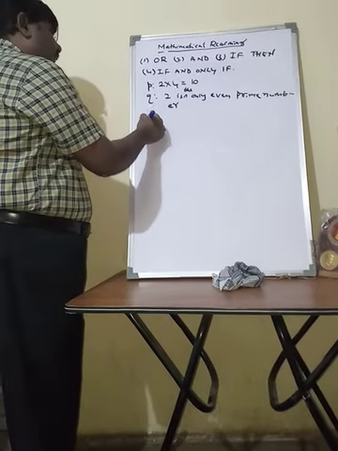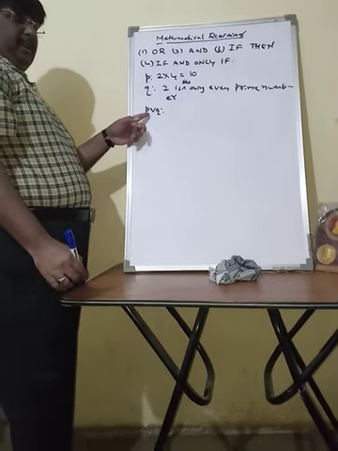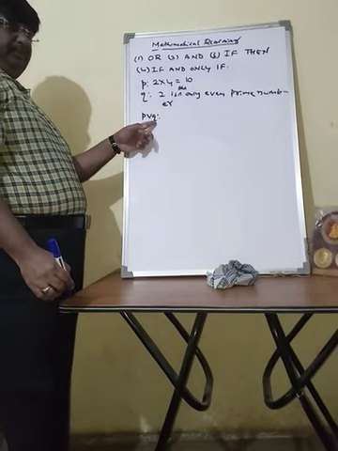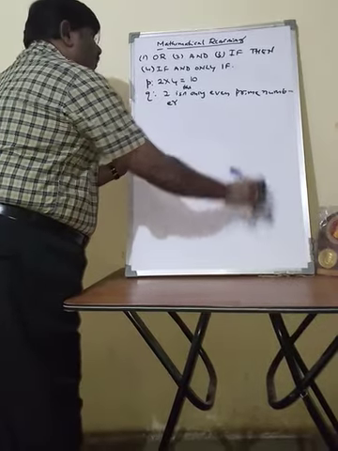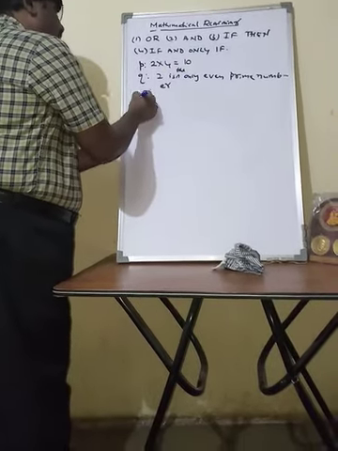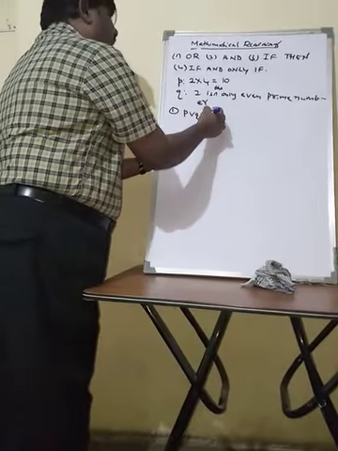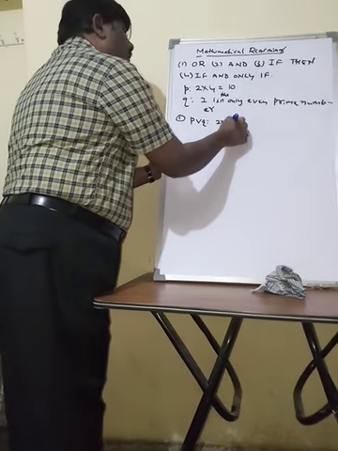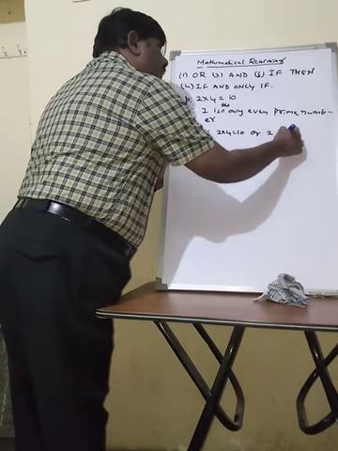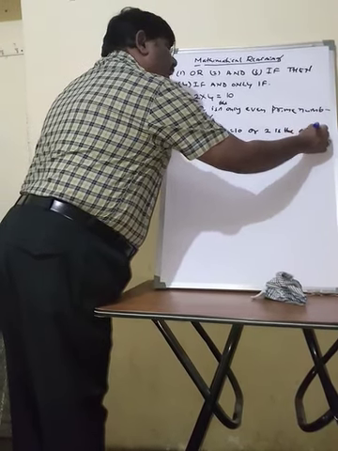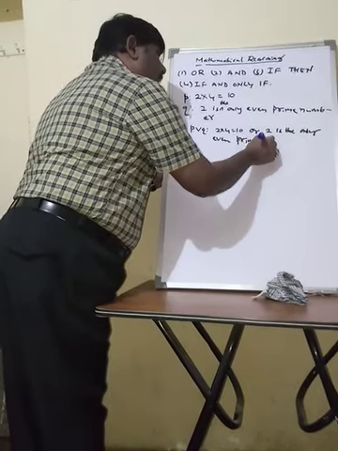I will write the compound propositions for this. First one, P or Q: 2 into 4 equal to 10, or 2 is the only even prime number.